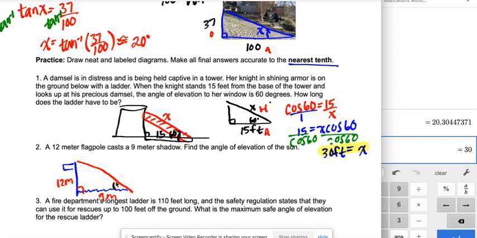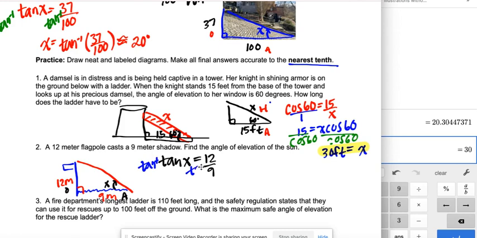Well, this is our angle of elevation. We'll call that x. So if I'm standing in this corner here, this is my adjacent and opposite. So that's going to be tangent. So the tangent of x, my opposite leg over my adjacent leg. The only way to unattach tangent is to apply the inverse.